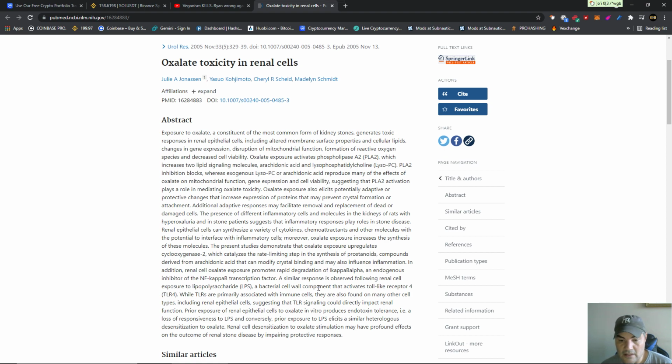So the body, on the other hand, goes, look, we can't stay in an inflammatory state. We're going to have to deal with this inflammation caused by the oxalates by turning off the LPS response and raising our tolerance to oxalates. And what does it do? It's impairing your protective responses from your immune system. And that's it.